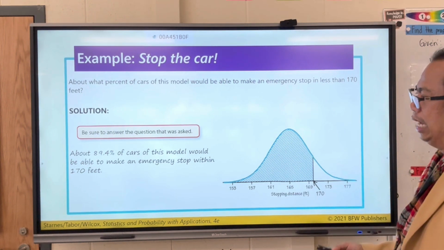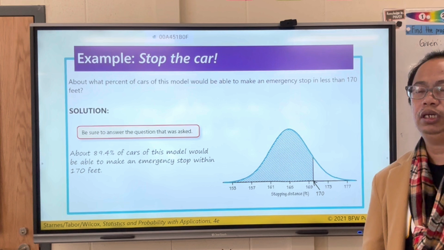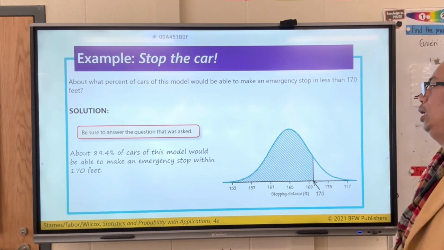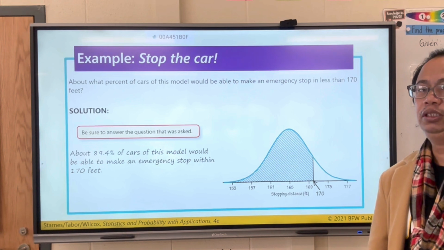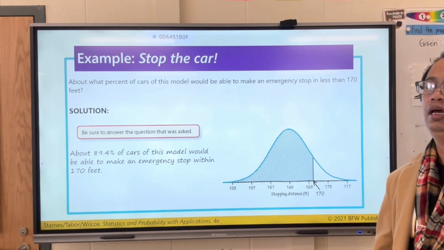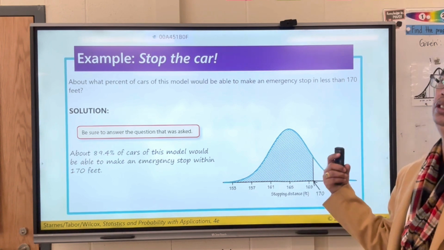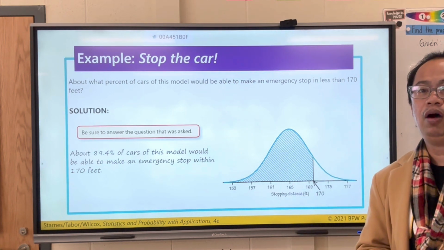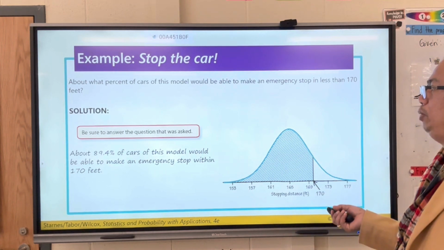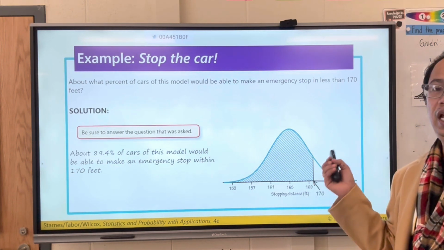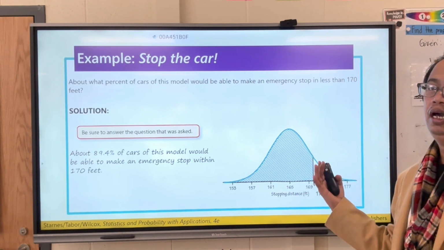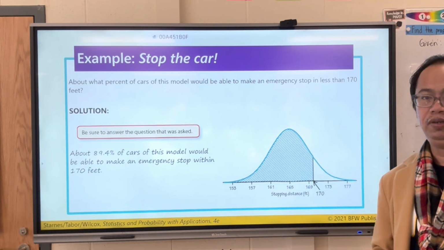Or you can say that it's approximately 89.44% that this model car can stop within the 170 feet. So you can do that. It depends on how you're going to state your interpretation. The most important is you mention the 89.44% and the within 170 feet.